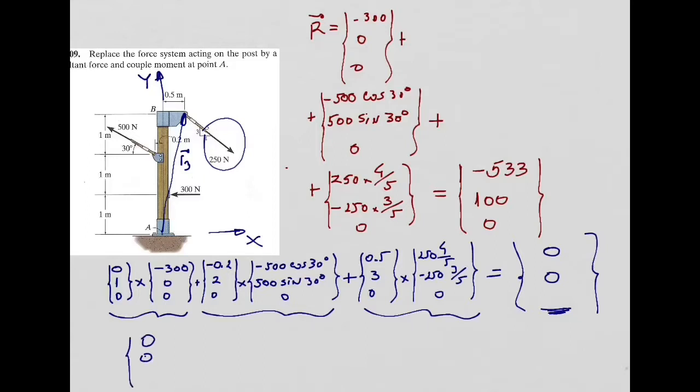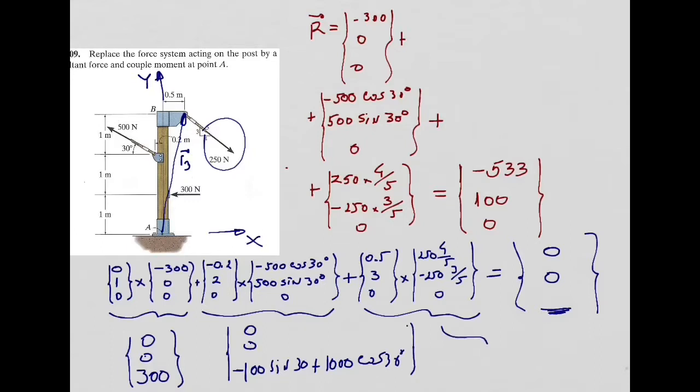This first one is 300, right? This second one, if you want, I can write this way: minus 100 sine 30 plus 1000 cosine 30, and this one, 0, 0.